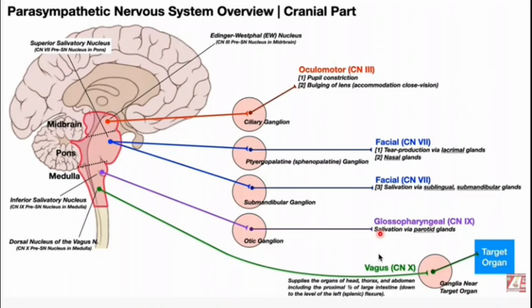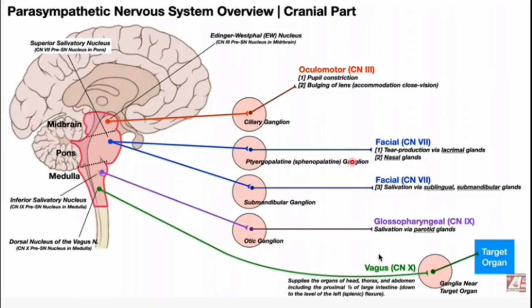So you know that the saliva in the mouth is produced by three glands. One is the sublingual, the other is the submandibular, and the third is the parotid gland. So the sublingual and the submandibular glands are innervated by the facial nerve, whereas the parotid gland is innervated by the glossopharyngeal nerve.